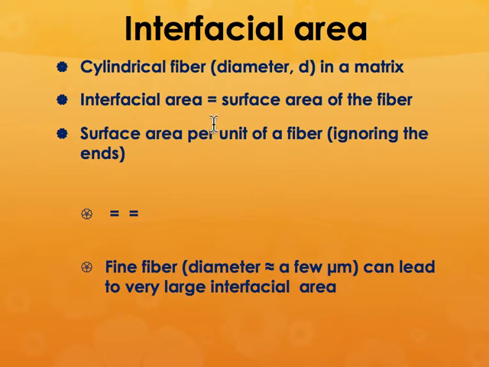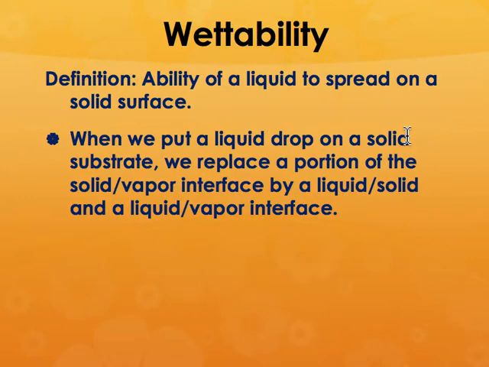And the interfacial area is controlled by the surface area of the fiber. Okay. I think we will talk more about it in some of the future slides, future lectures, but essentially I want to address every part of a composite system, which is what we are doing here.